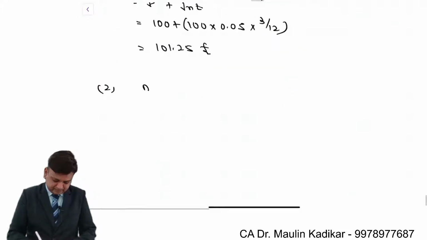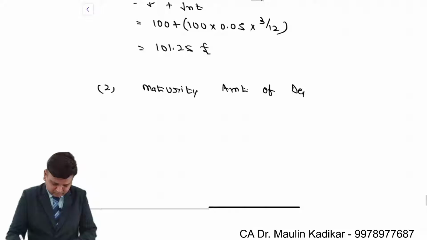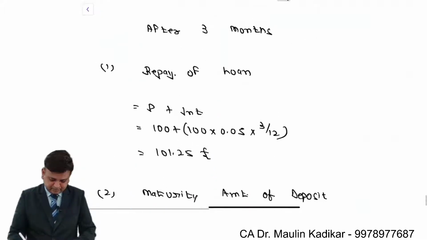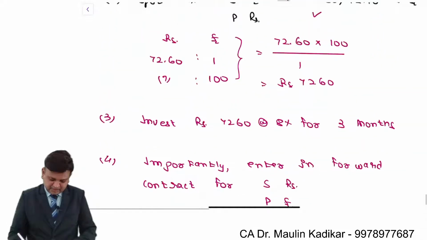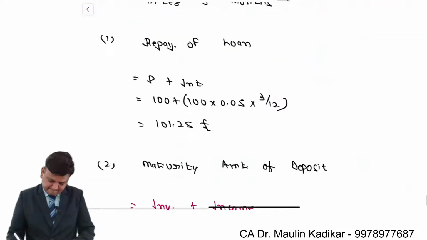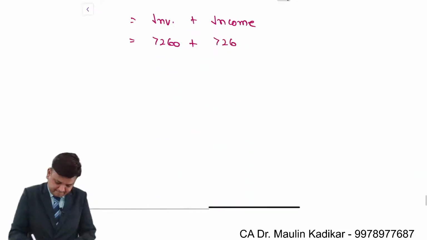Second, maturity amount of deposit. It is investment plus income. 7260 and 8% of that, into 3 divided by 12.